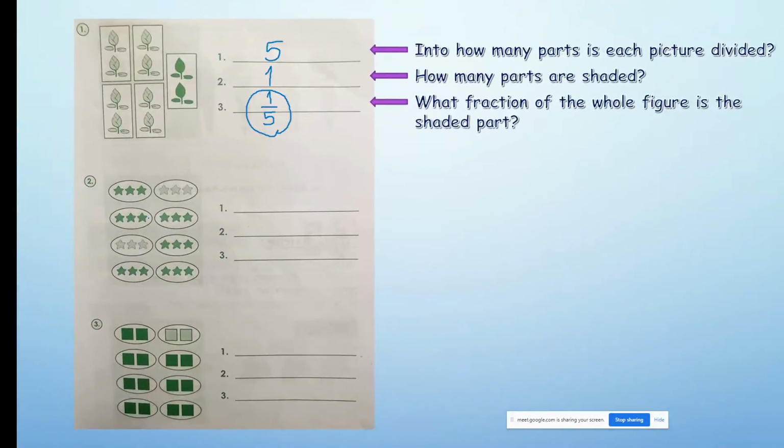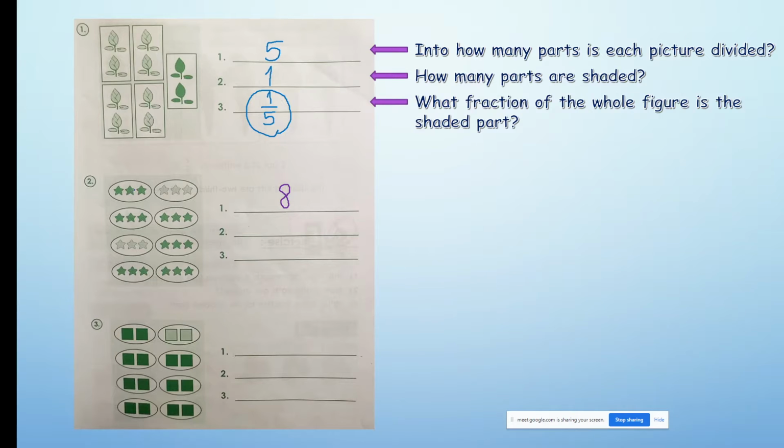Okay? Next, another one. How many parts are there in this picture? You will just count the groups. How many parts are there now? 8 parts, yes. And then, how many parts are shaded?